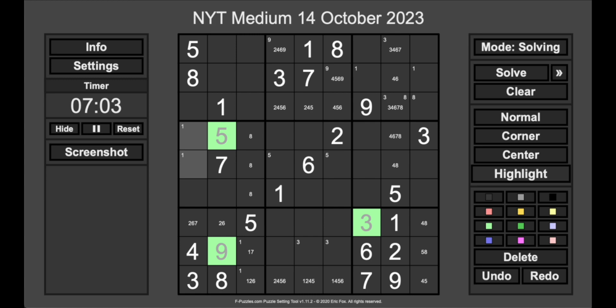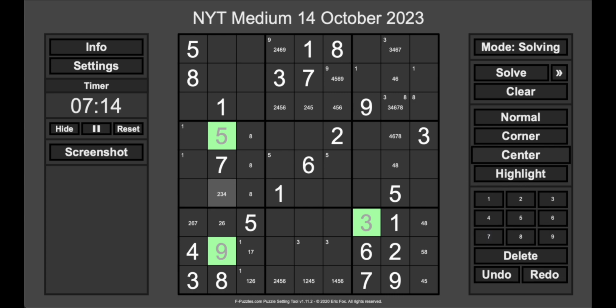Okay, column 2 is where I can do some work. I've got 1, 5, 7, 8, 9 placed. I need 2, 3, 4, and 6 for the rest. Now this can't be 3 or 4, but 2, 3, 4, 6, any of them are possible in that cell. This one can't be 3, and that one can't be 3 either, so those are 2, 4, 6. Oh, wait a minute. These aren't 3, and this one isn't 3, so guess what?